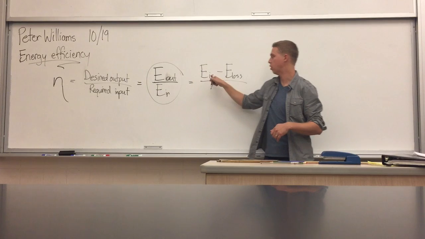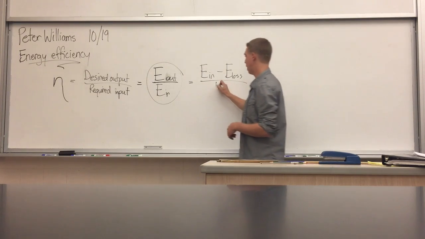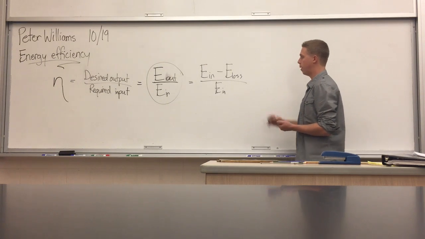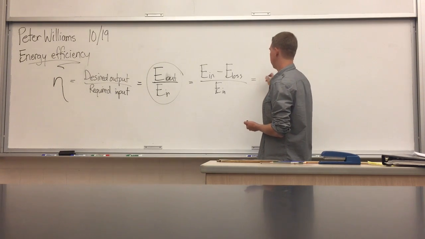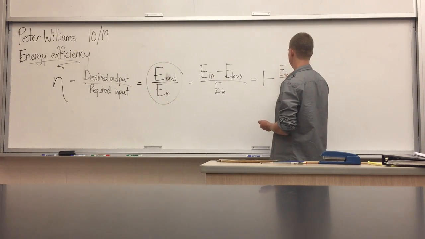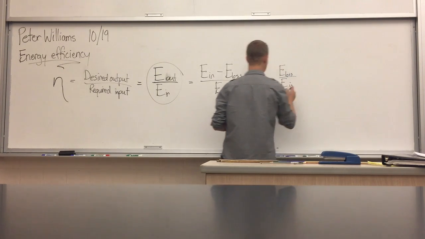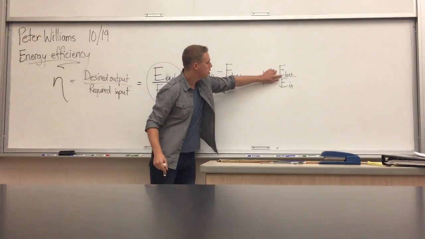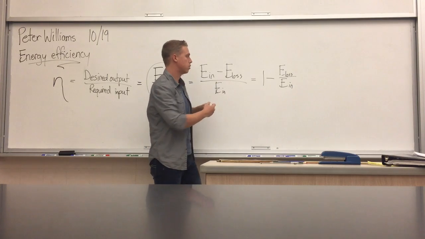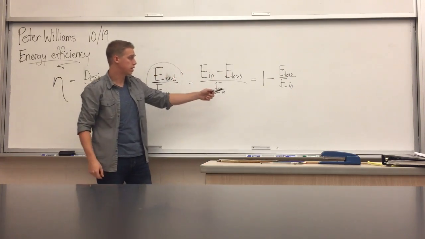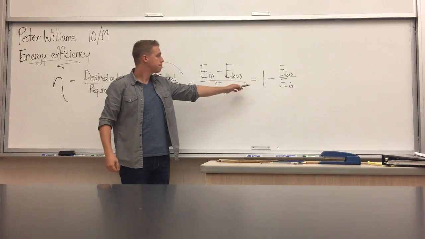I could just rewrite the output like this, and then on the bottom I have still energy in, and then this is then equal to 1 minus E loss over E in. Okay, so this is an alternate way that you might see it written. Energy loss over energy in, 1 minus, all right?